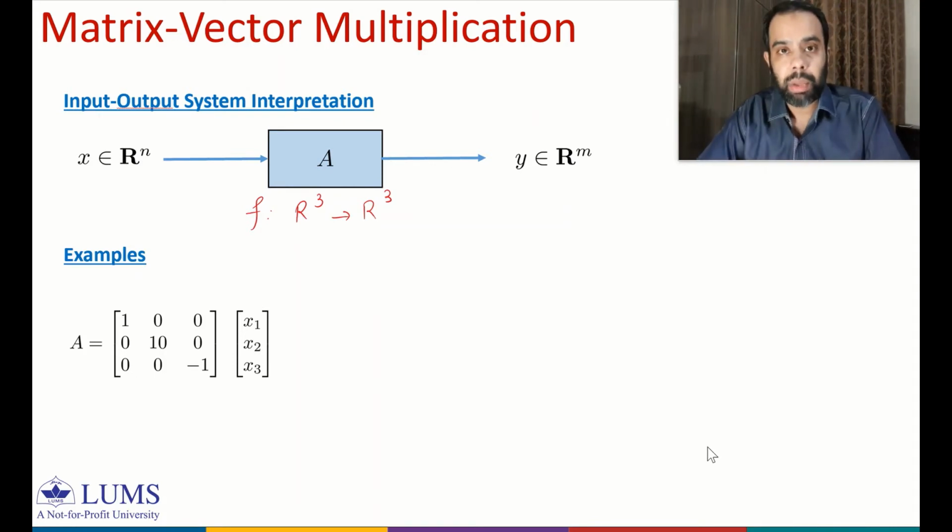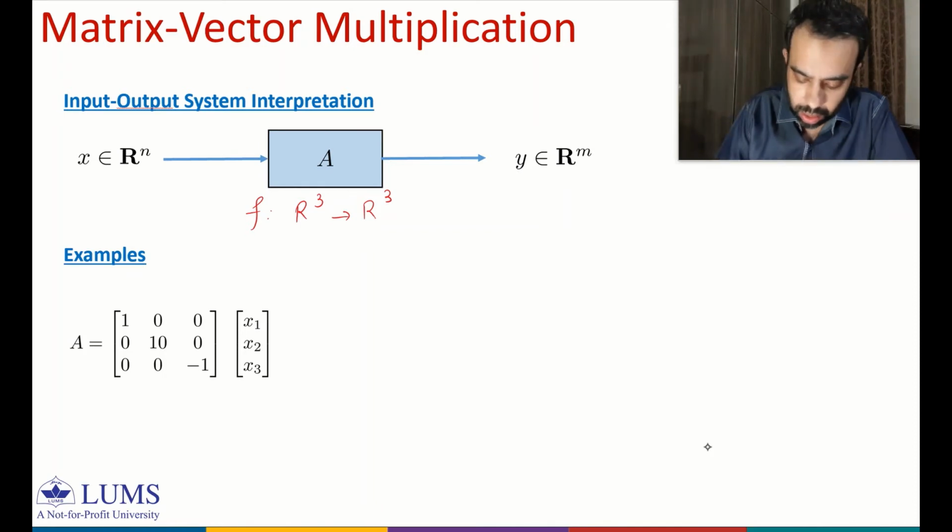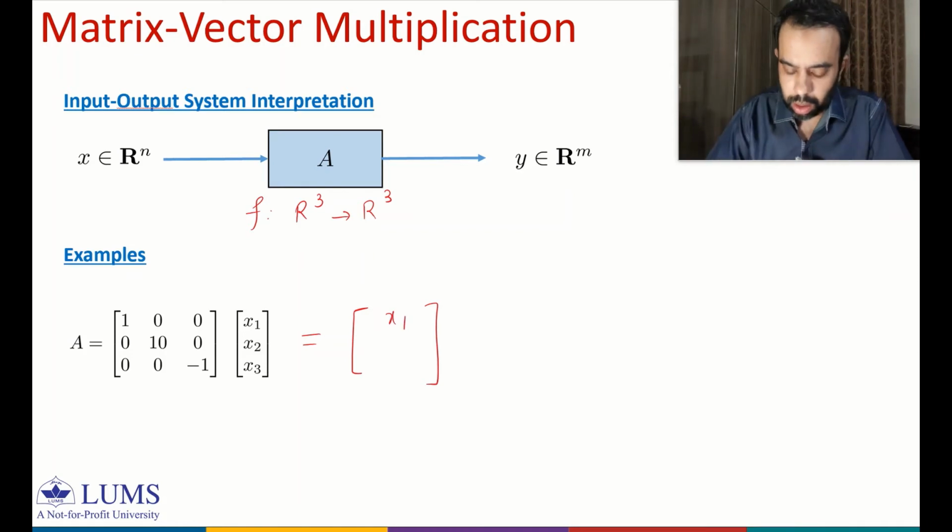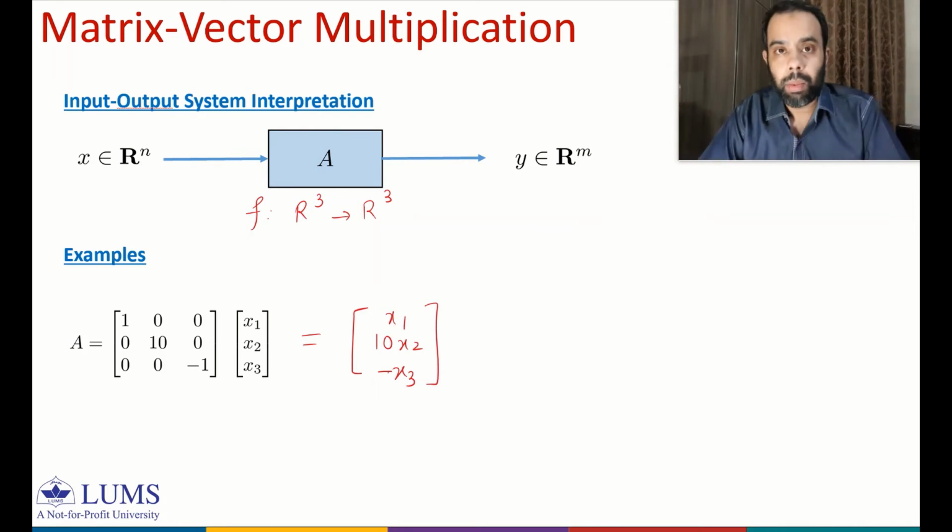So what's the interpretation? What is the system doing? If you take any x, what do you get here? That is x1, x2 multiplied by 10, you get 10x2, and what you get is negative x3. So we say when A is a diagonal matrix, a linear transformation is simply scaling of different components, and the amount of scaling is defined by the diagonal entry.